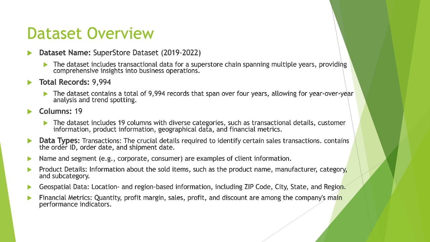Geographical data: location and region-based information including zip code, city, state and region. Financial metrics: quantity, profit margin, sales, profit and discount are among the company's main performance indicators. This is the dataset overview for the Superstore dataset.